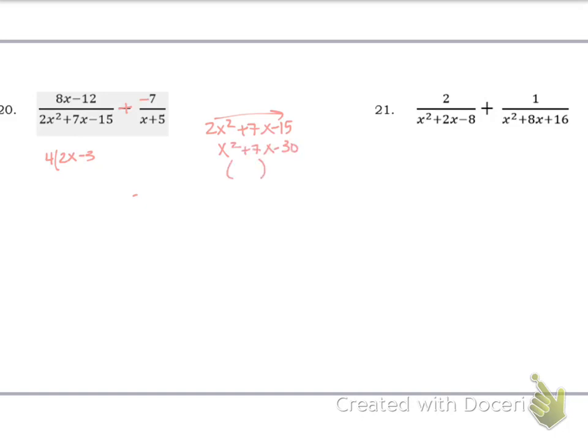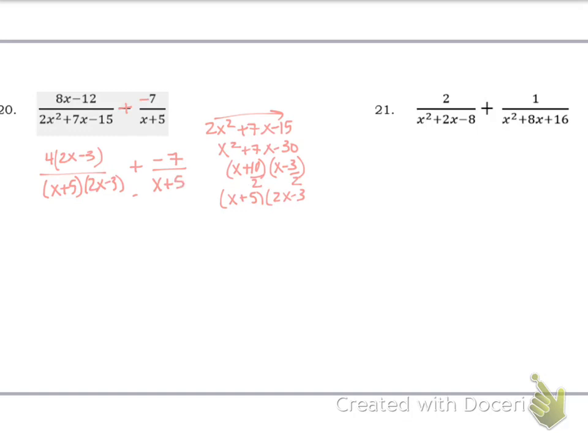Multiplies to negative 30, adds to 7 is going to be 10 and negative 3. I make sure I divide by that 2, so I get (x plus 5)(2x minus 3). So that's what I'm replacing that bottom with there, is (x plus 5)(2x minus 3), plus a negative 7 over x plus 5.